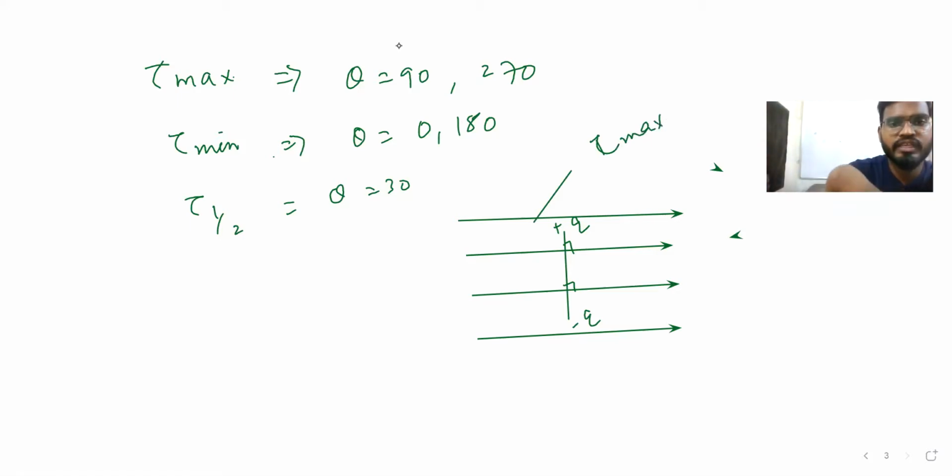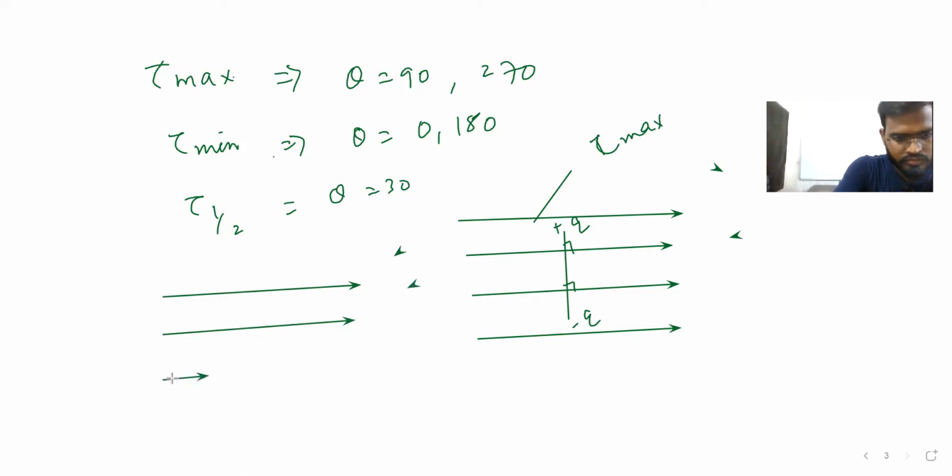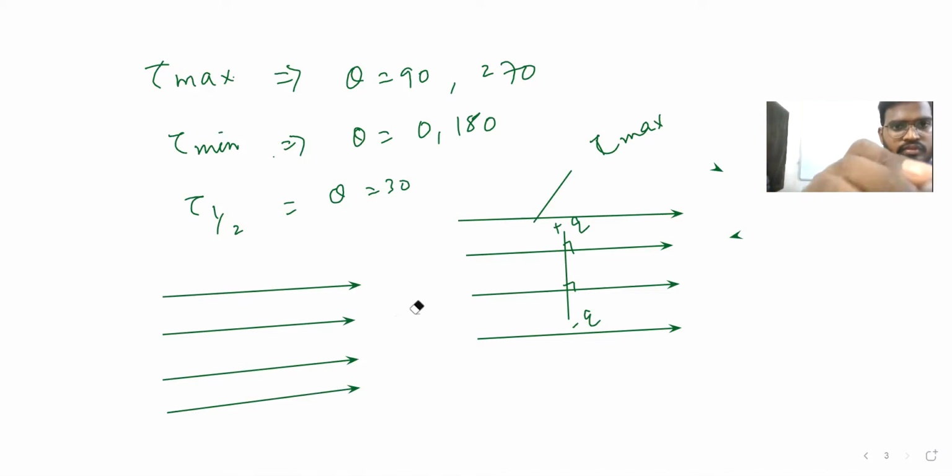Minimum torque, if you will see, how we can find minimum torque: theta is 0 degree or 180 degree, right? Theta 0 or 180 both are different, right? So let's see now first theta 0 degree.